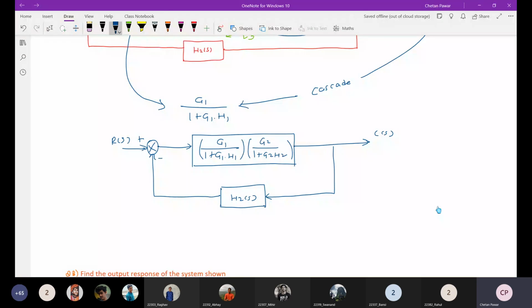So the answer is, if I solve this, C upon R would be G1 into G2, upon 1 plus G1 into H1, 1 plus G2 into H2, plus G1, G2, H2.